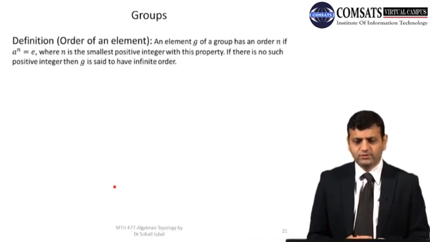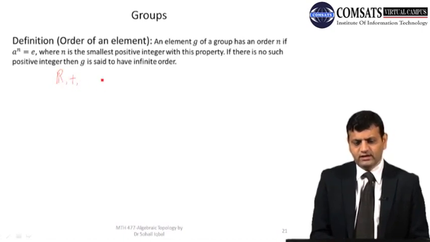Order of an element. An element a of a group has order n if a raised to power n is equal to the identity, where n is the smallest positive integer with this property. If there is no such positive integer, then a is said to have infinite order. For example, consider R under addition.